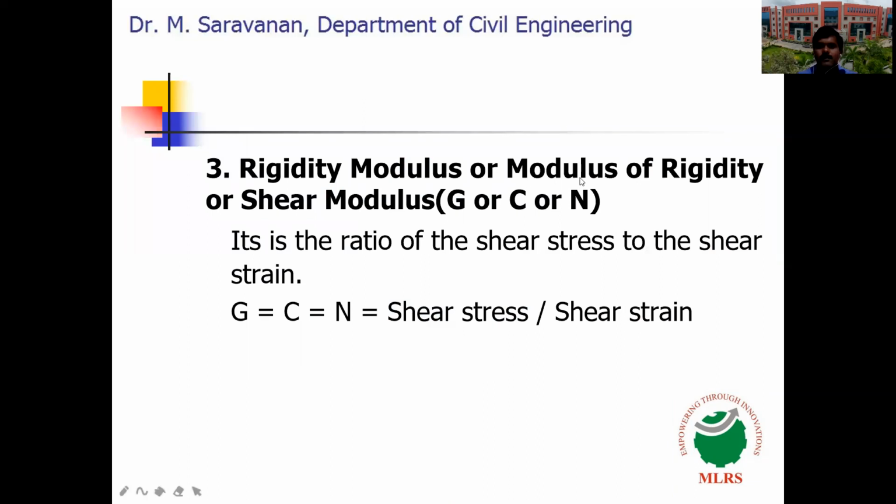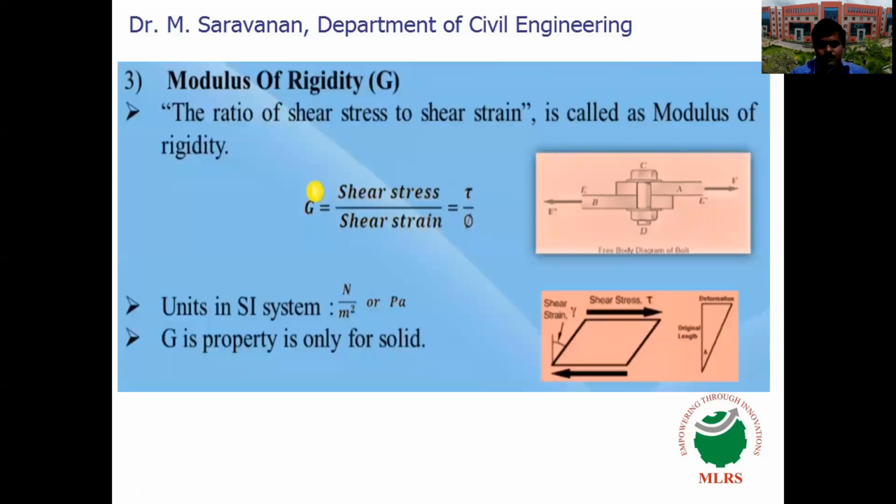And rigidity modulus, or modulus of rigidity, or shear modulus. It can be denoted as G or C or N. It is the ratio of the shear stress to the shear strain. So the shear modulus is with respect to the shear, therefore it is the ratio of the shear stress to the shear strain, right? Shear stress is tau, shear strain is phi, and the unit is Newton per meter square or Pascal.